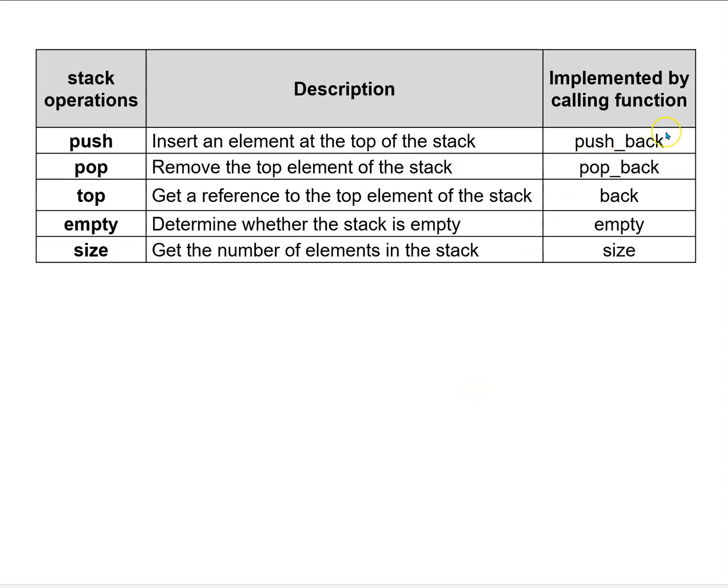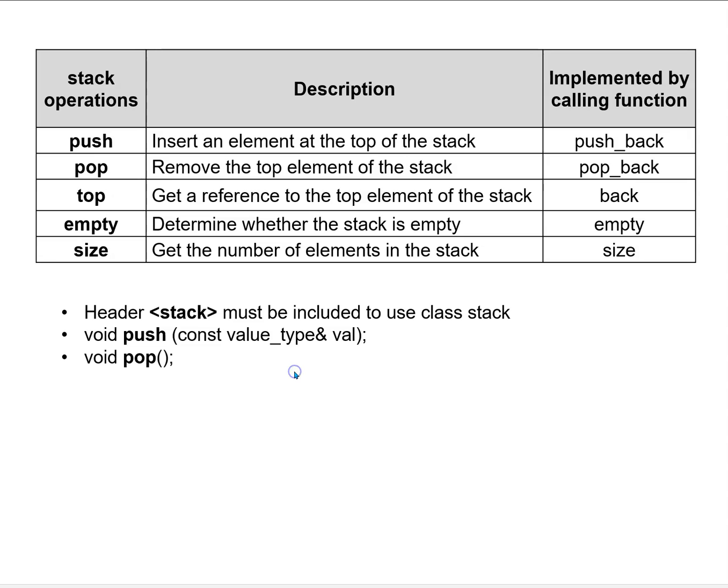Each of these elements is implemented using these internal function calls. Push is a push back, pop is a pop back, top gets the back, etc., because we deal with the end of the stack. You have to include stack, and here are the different prototypes. They return reference types when they return something.